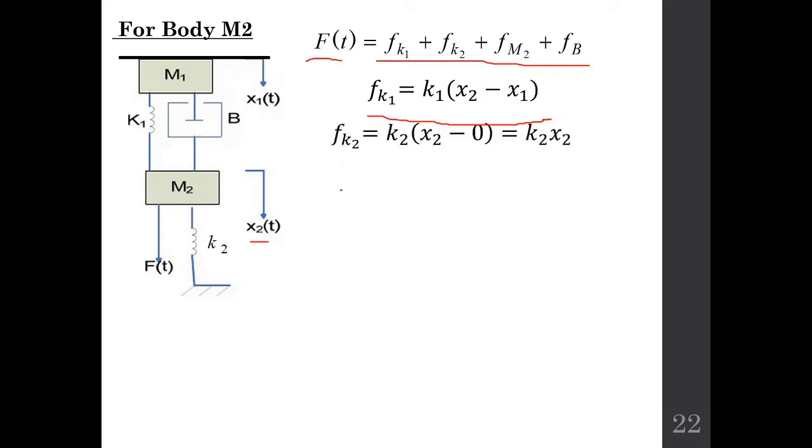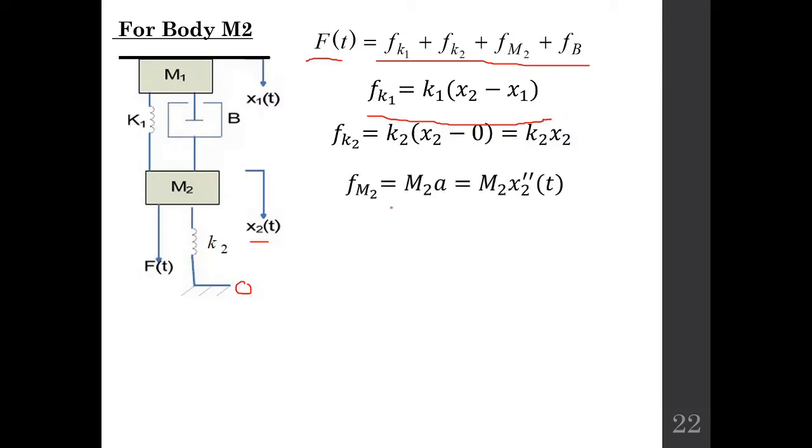Similarly for this spring K2, now this K2 is actually connected between x2 and this reference point, which we are taking as 0. So if nothing is given here, it means that this reference point is at 0 position. So the opposing force applied by this spring K2 can be found as K2 into x2 minus 0, or K2 into x2.